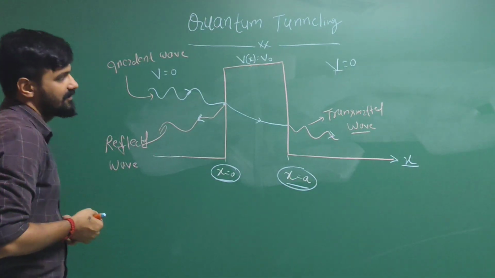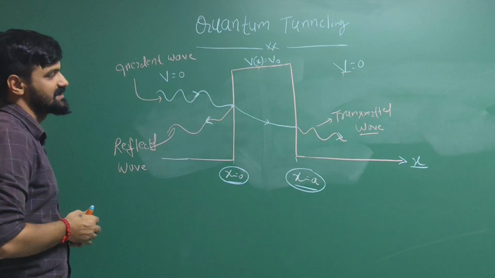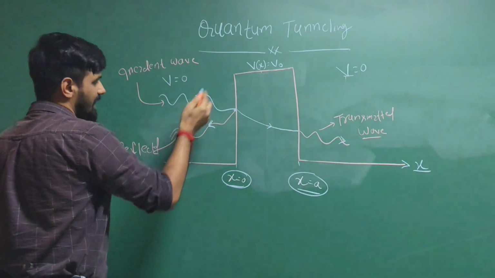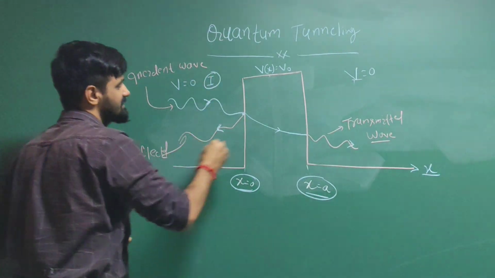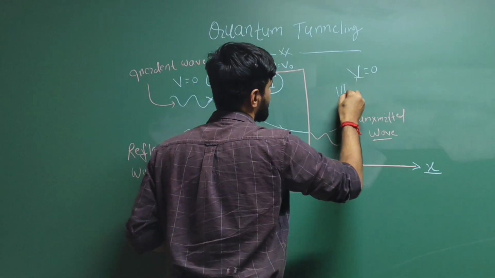Okay, so now we'll start with the mathematical derivation of this quantum tunneling for a finite potential barrier V naught. As we have seen here, I'll divide this problem into three regions. This will be our first region, this will be our second region, and this will be our third region.